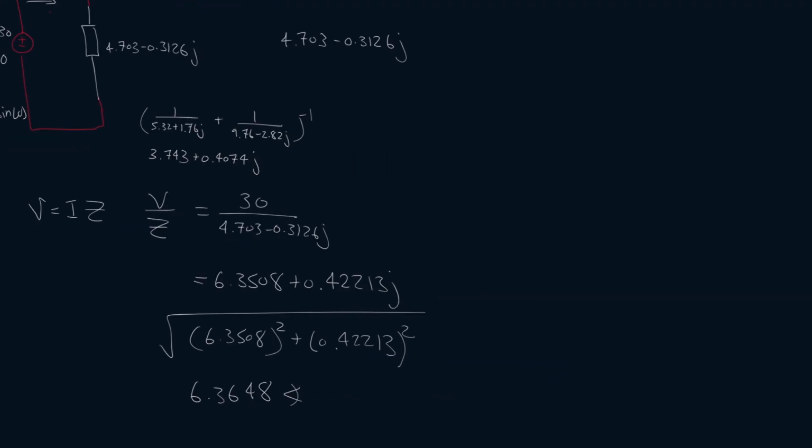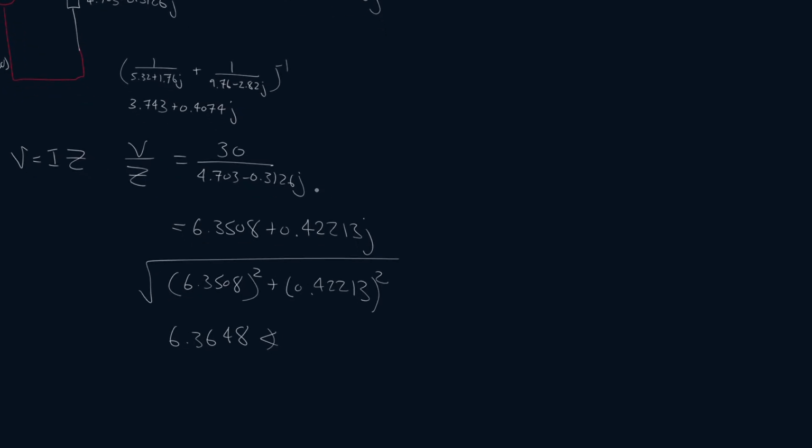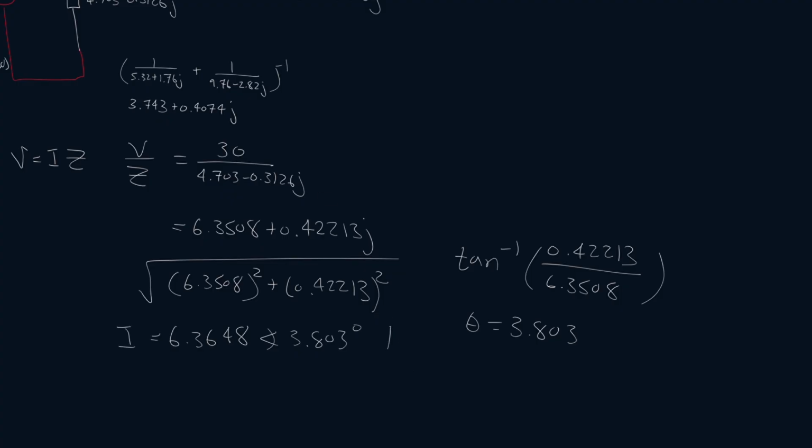Now let's get the degree: tan inverse of the imaginary part, 0.42213, over 6.3508. It's 3.803 degrees. And that's your I value. So I is equal to this much amps.